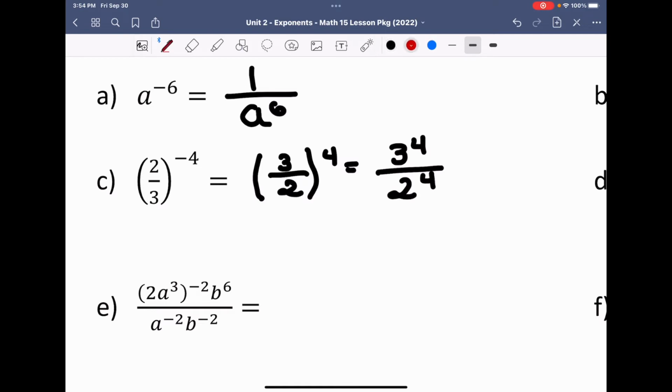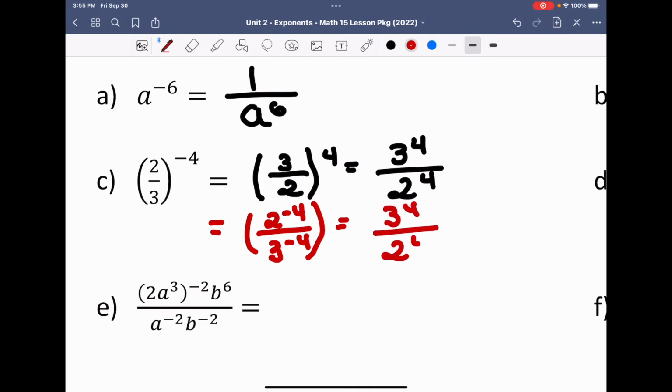Or what I could do is I could say this is equal to 2 to the negative 4 over 3 to the negative 4. And negatives mean we relocate to the opposite side of the fraction. This means I have 3 to the positive 4 over 2 to the positive 4. So either way you want to do it, you can distribute that negative exponent and then flip, or you could flip the entire fraction and then apply the exponent. You will get the exact same solution here.